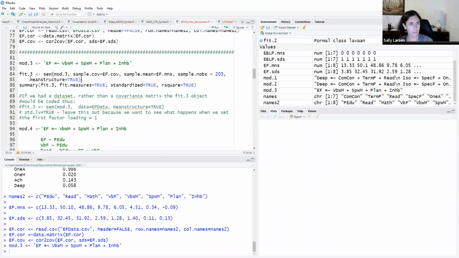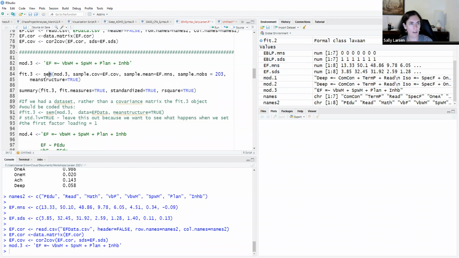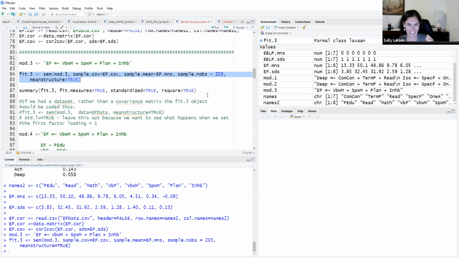You'll notice that even though I've used SEM, this would work the same if I had CFA written there, because this is basically just a confirmatory factor model. But I'm not going to change it because it might not work. I'm just going to keep it like this.